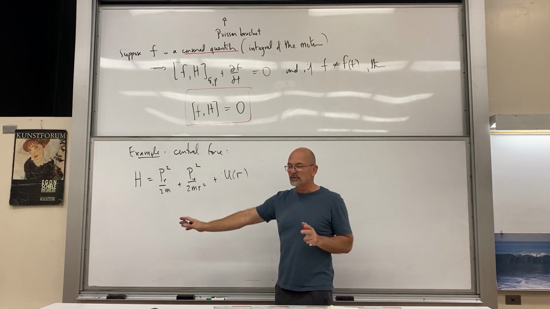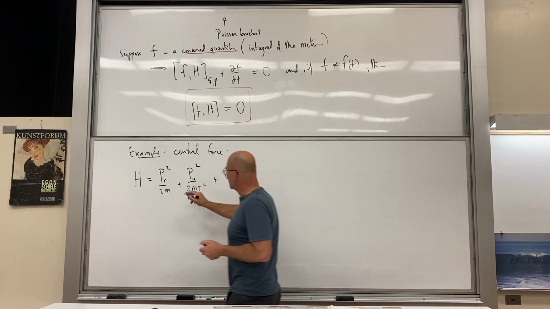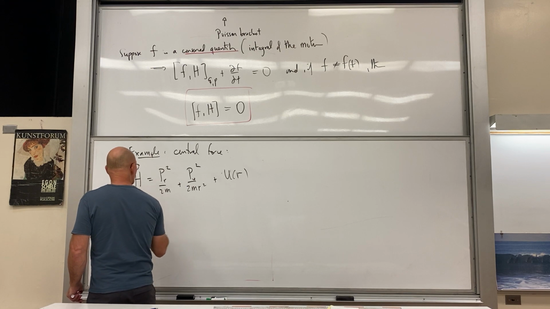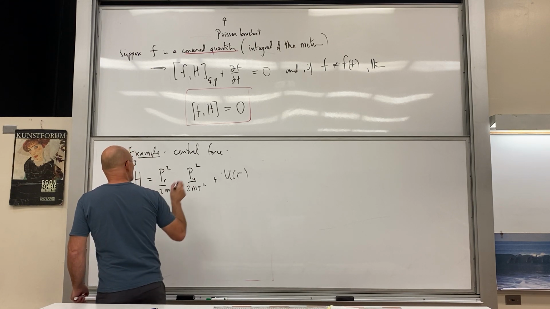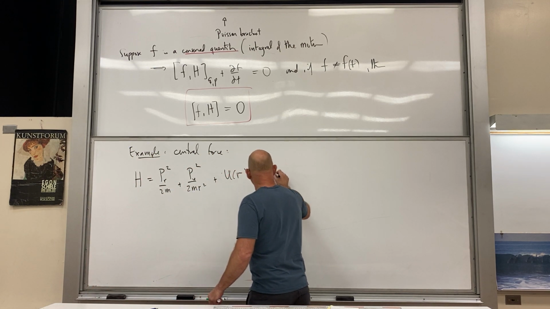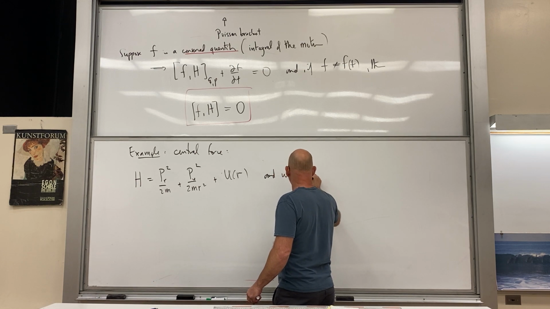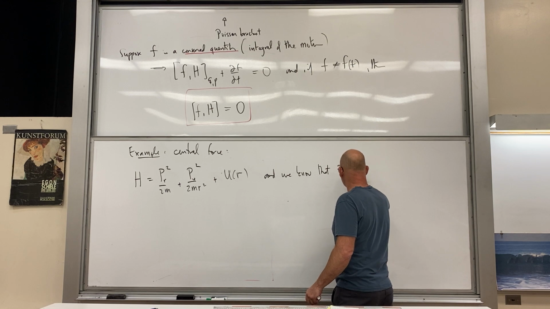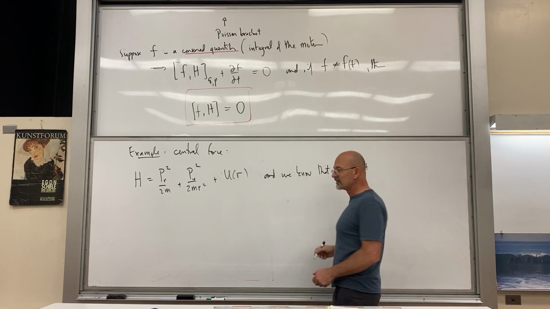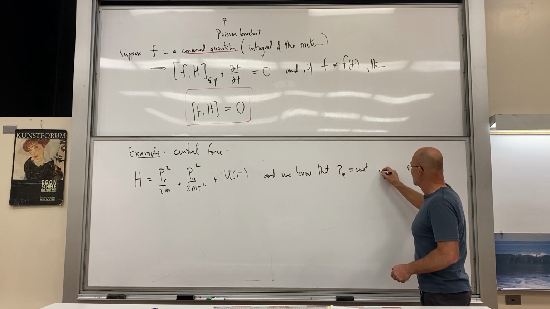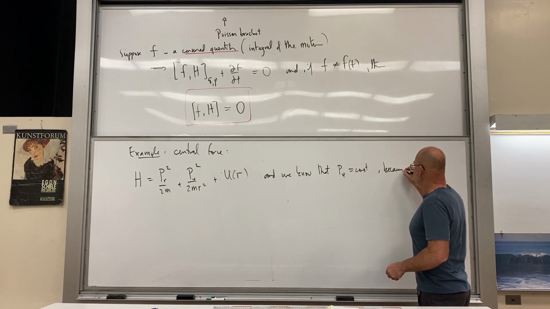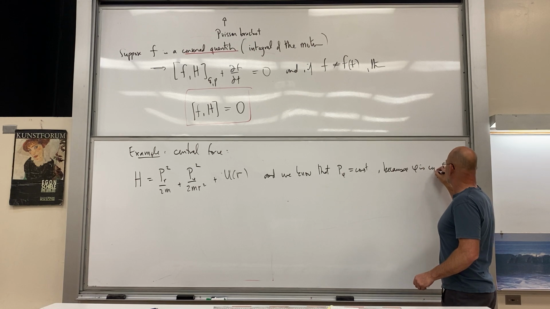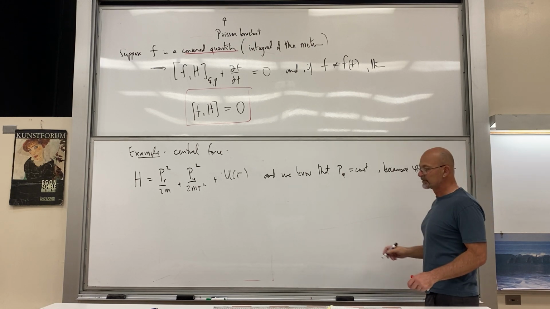So I'll write it in the abstract form, and then in terms of P's and Q's. And we know that p_phi is constant, because phi is cyclic. Okay, so that's something we know.